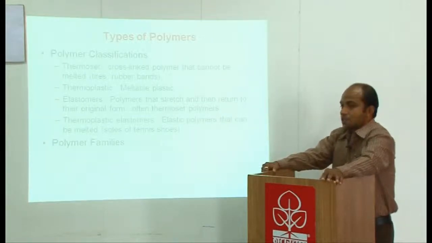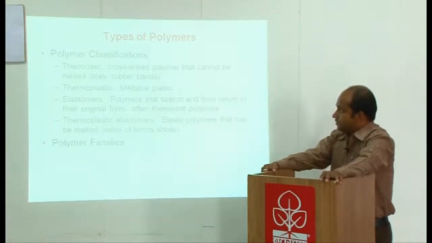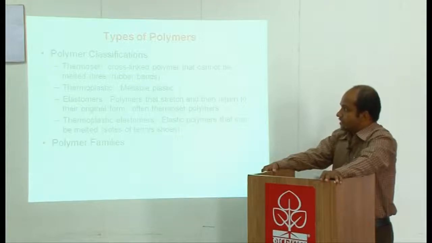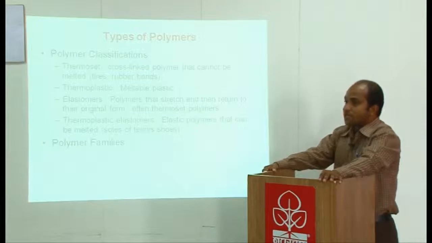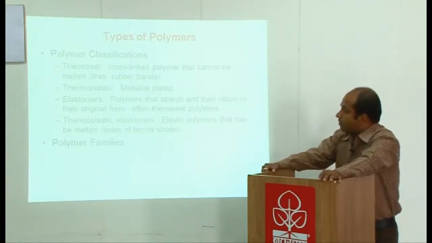A thermoset is a cross-linked polymer which cannot be melted in the real sense, for example tires, rubber bands, etc. Whereas in case of a thermoplastic, you can mold the polymer just like you melt a compound.